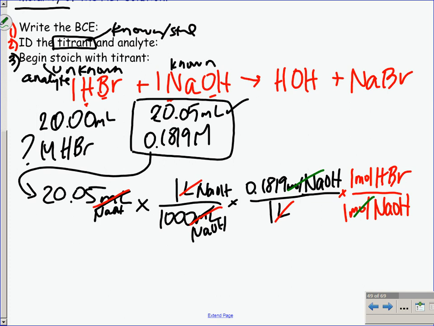Now the question is molarity, right? And I've used both of these, but have I used this yet? No. Okay, so I'm going to show you guys both ways. You can either stop here and get moles. Let's do that first. Stop here and get moles. So calculate.